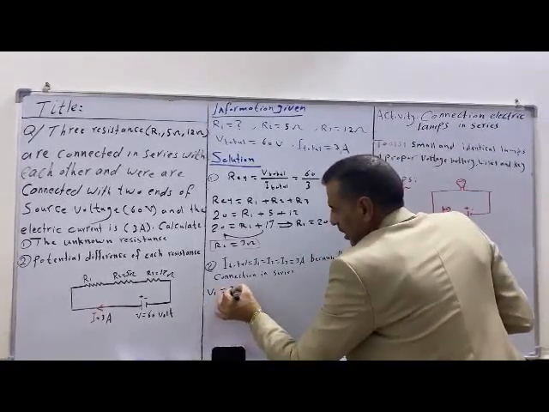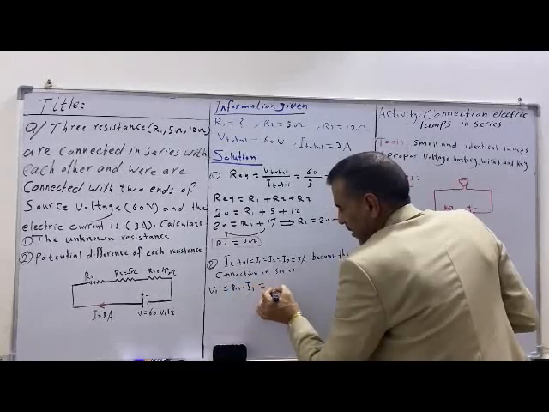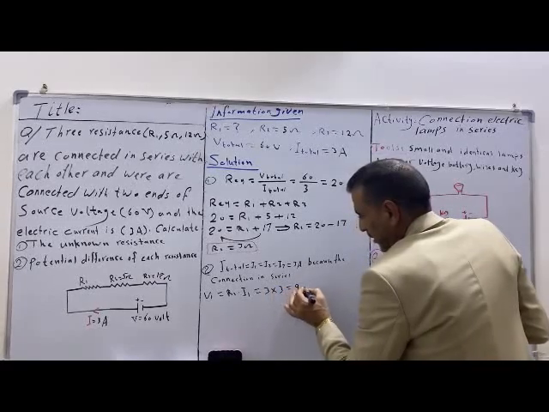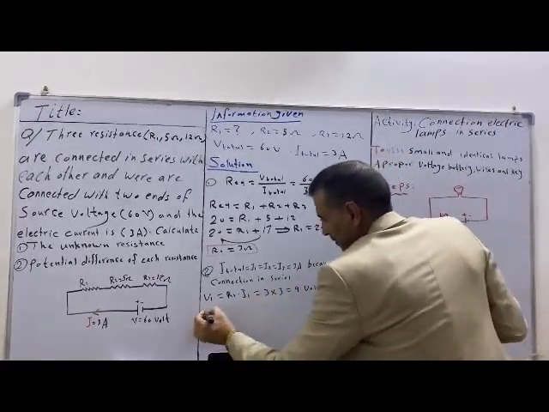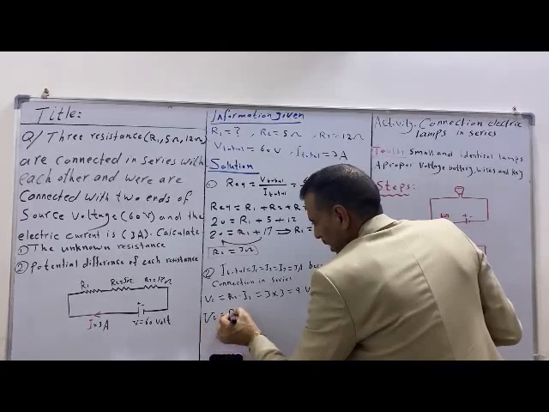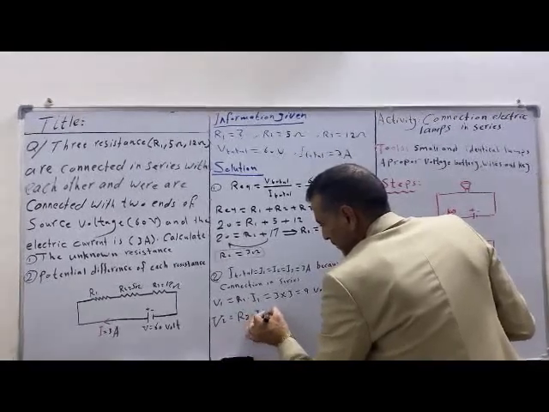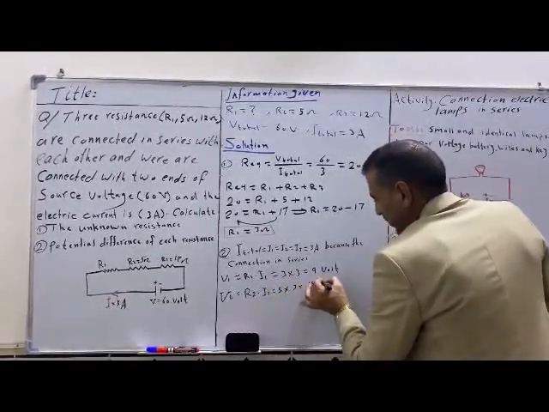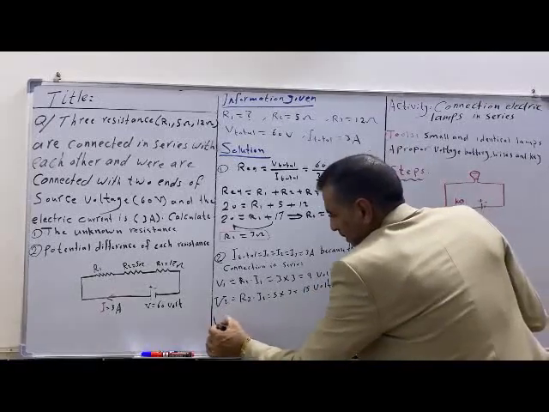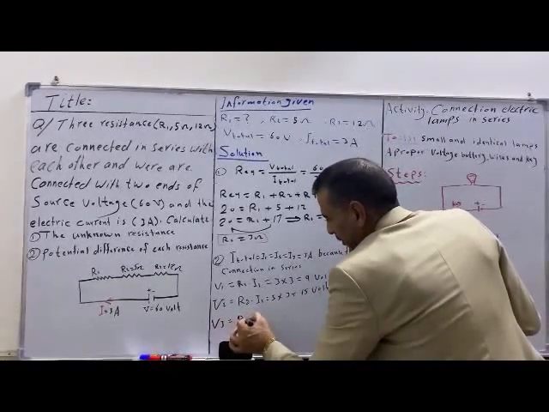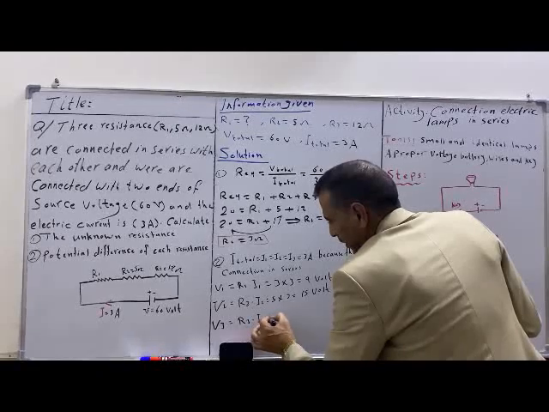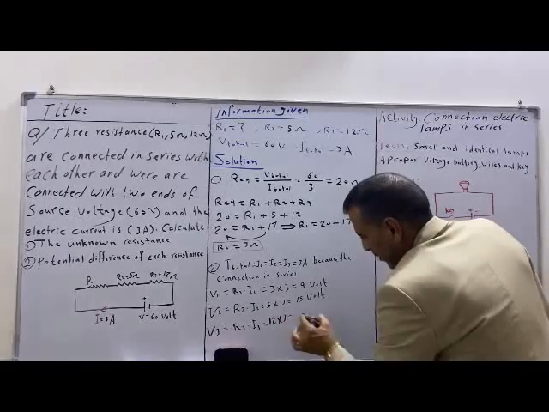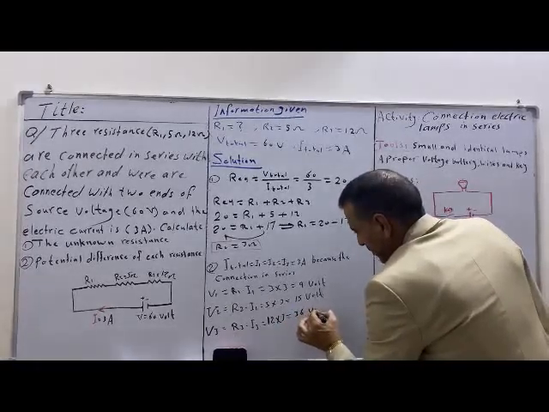V1 equals R1 times I1, 3 times 3 equals 9 volt. V2 equals R2 times I2, 5 times 3 equals 15 volt. V3 equals R3 times I3, 12 times 3 equals 36 volt.